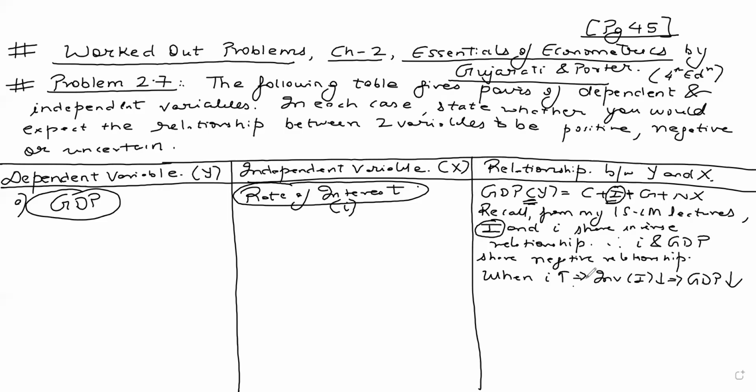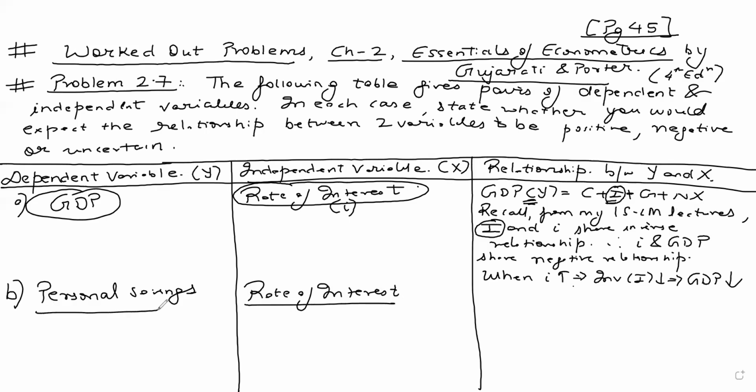Okay. So let's look at the second part, part B. Part B, we have the dependent variable as personal savings. And our independent variable is the rate of interest. Now, all of us know that when the rate of interest goes up, it encourages savings. So I can write an increase in the rate of interest encourages savings, because for every dollar you save with the bank, you will be getting more returns when the rate of interest goes up.